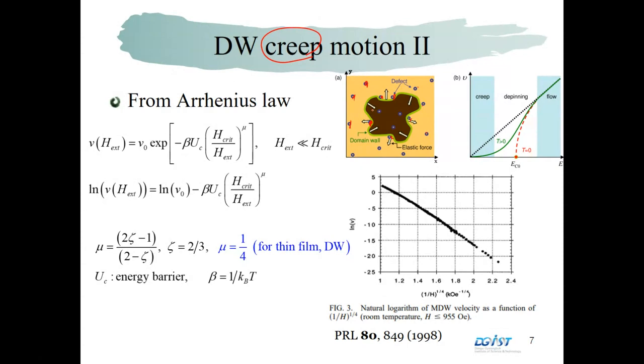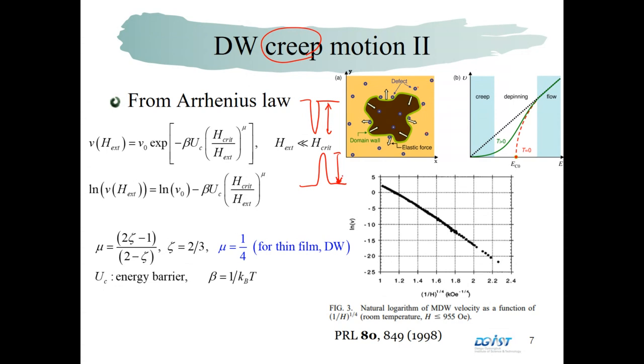This kind of energy barrier can be described by the energy barrier height. There are two kinds of energy barrier, potential well or potential barrier.